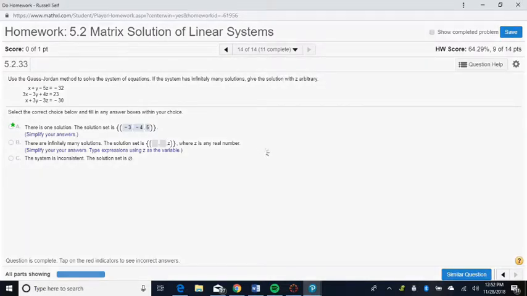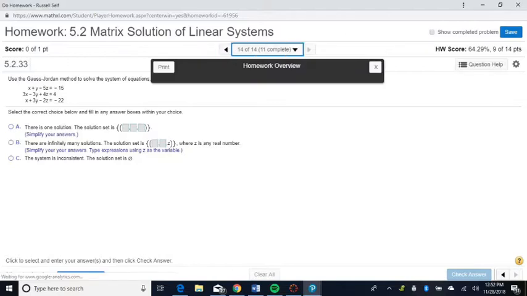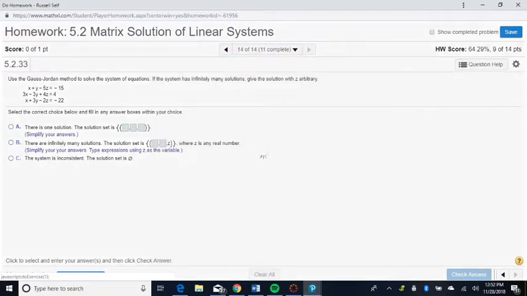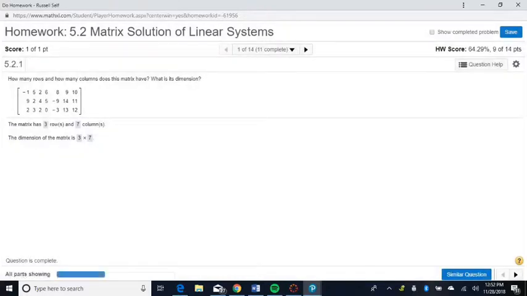Completed problems. Just go to question 1. And it's just asking you, how many rows and columns does the matrix have, and what is its dimensions? Remember, rows are the things that are going from side to side, right? So there are the rows.